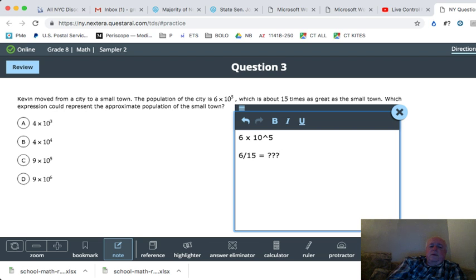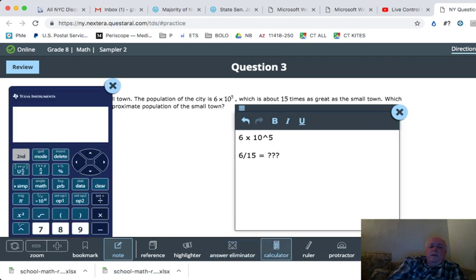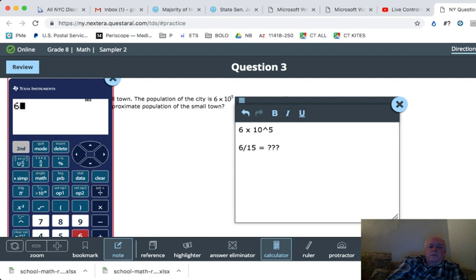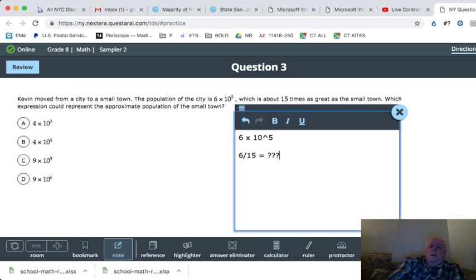Okay, so bring up our calculator. 6 divided by 15, and that's 0.4. That means the small town is 0.4 times 10 to the 5th.